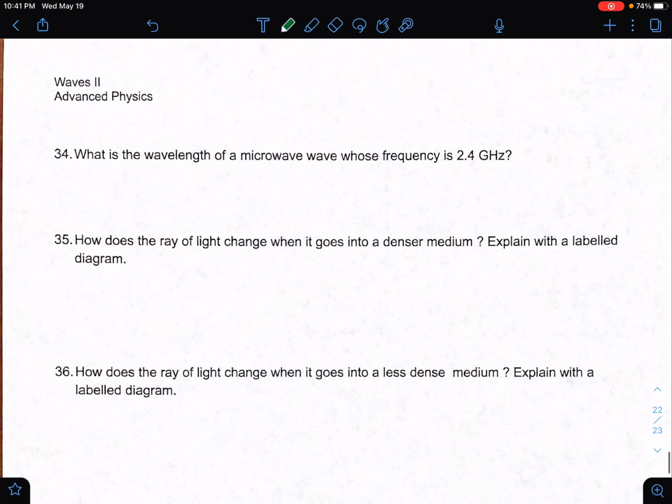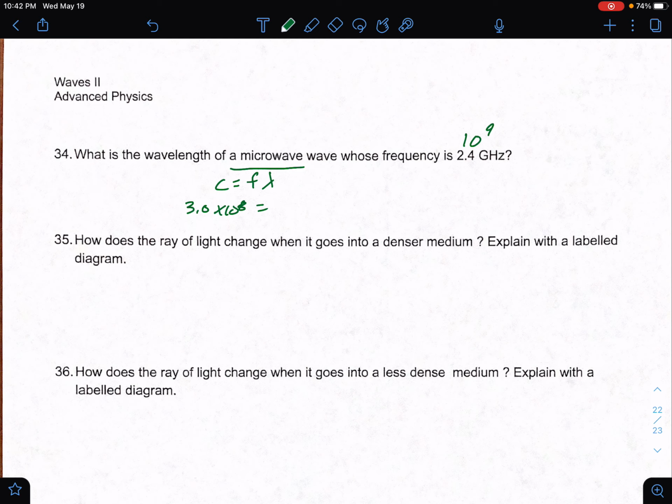34, what is the wavelength of a microwave whose frequency is 2.4 gigahertz? A microwave, so this is going to be c equals frequency times wavelength. So 3.0 times 10 to the 8th meters per second equals my frequency. Giga is 10 to the 9th, so the frequency is 2.4 times 10 to the 9th.